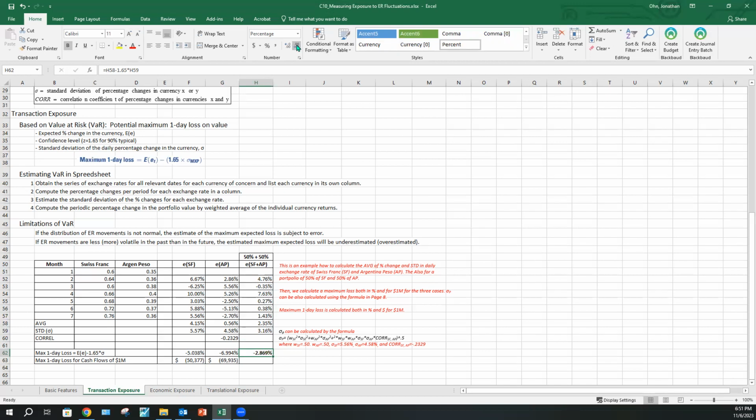That's the maximum one-day loss in percentage. It's quite significantly lower than the individual ones, because we combine these two with negative correlation in a portfolio of two currencies, achieving quite significant risk reduction.